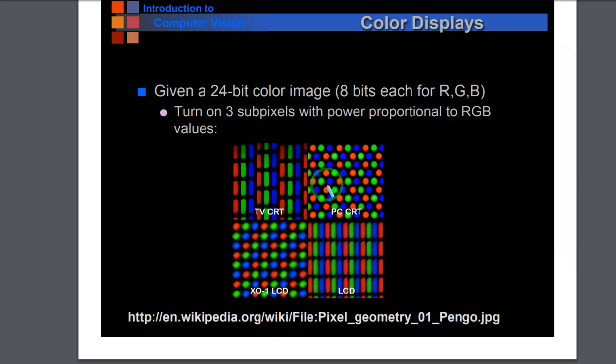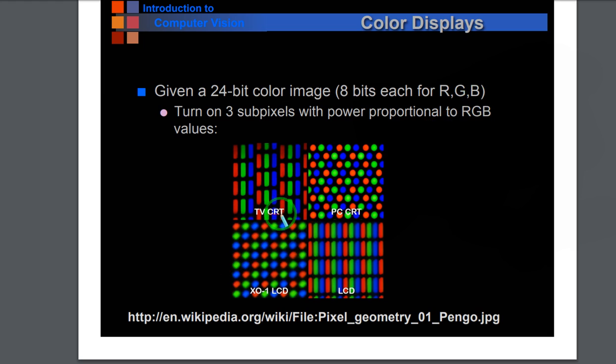What does 8-bit mean? 8 bits give you a number of levels. In red you have 8 bits, in green 8 bits, and in blue 8 bits. For each color you have the same number of bits.